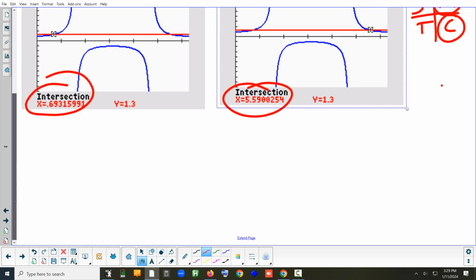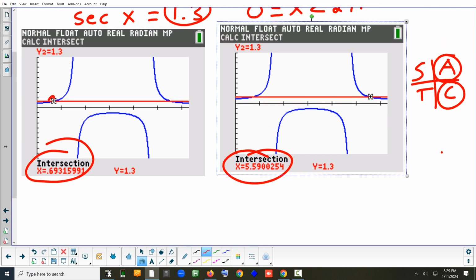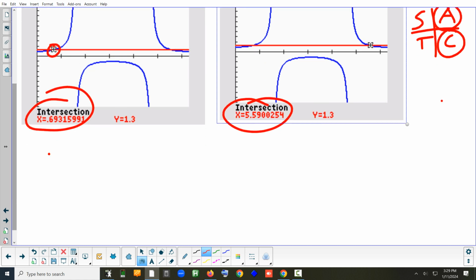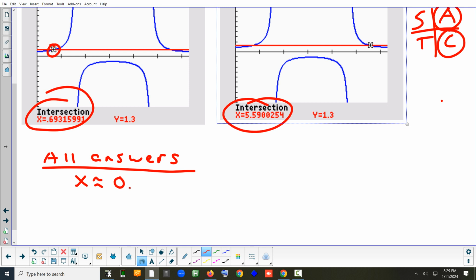Thank you. Now, what if they ask for all answers? That's only 2 here. This answer is going to repeat in general. How often? Every period. So if they wanted all answers, the first one is 0.69 plus, and now we need to put the period times n.